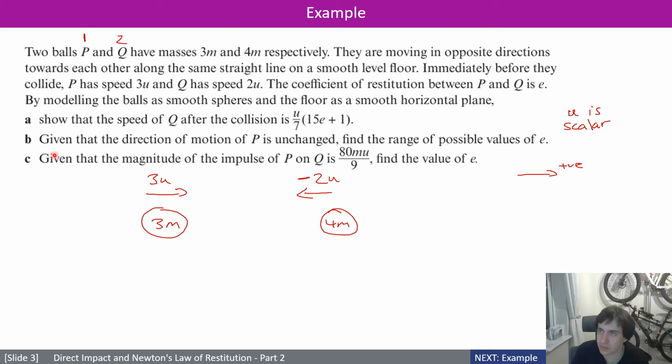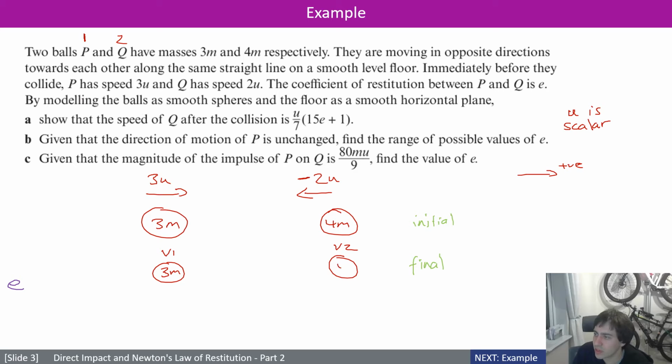Okay, so let's do a bit of algebra. Let's start with restitution. In terms of their final speeds, we need to give a name to those. Let's also just note that this is initial, this is final, and let's just say it's v1 and v2 vectors.